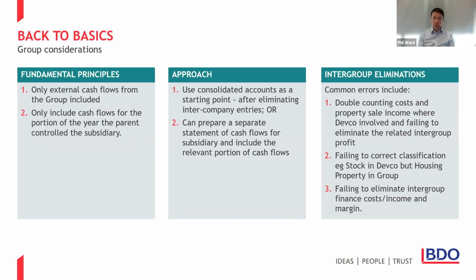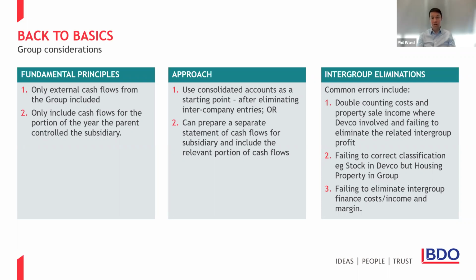In terms of approach, almost always you would see the consolidated accounts as the starting point after you've eliminated any intergroup transactions. It's equally valid, but much more difficult, to produce individual entity cash flow statements and then include the relevant proportion of those cash flows in your group cash flows.